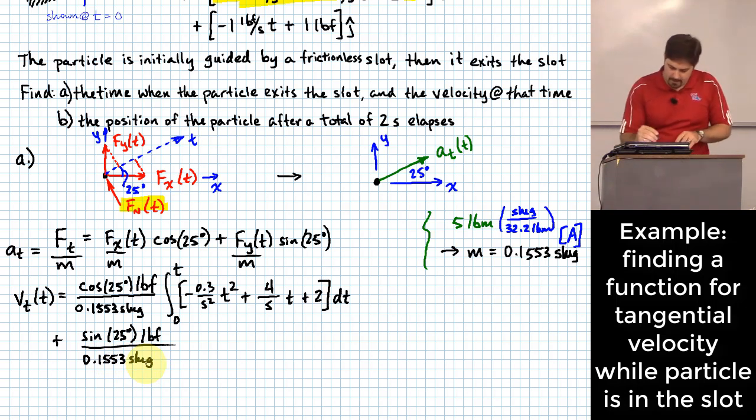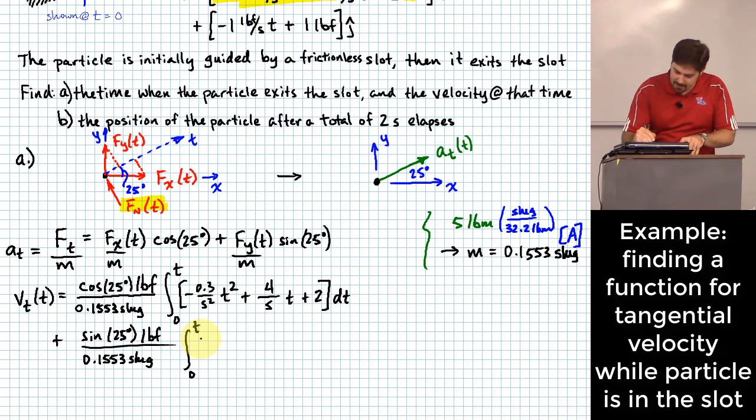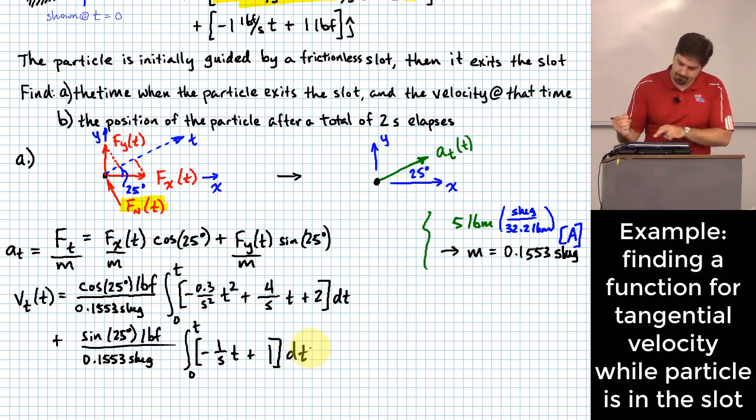And this is all going to get multiplied by the integral from 0 to t, and now I need to put in the expression that I had up here for the y. So that'll be minus 1 over seconds t plus 1, dt.